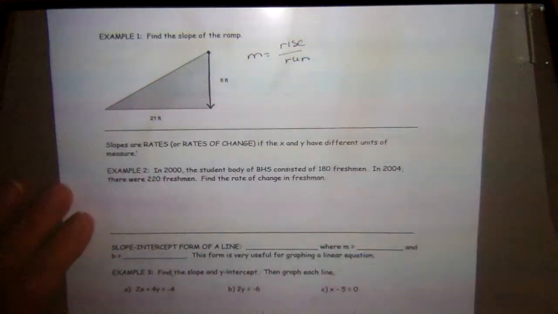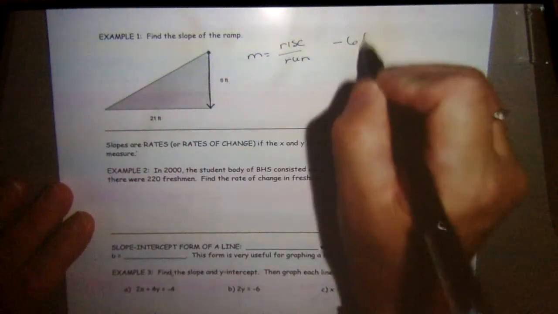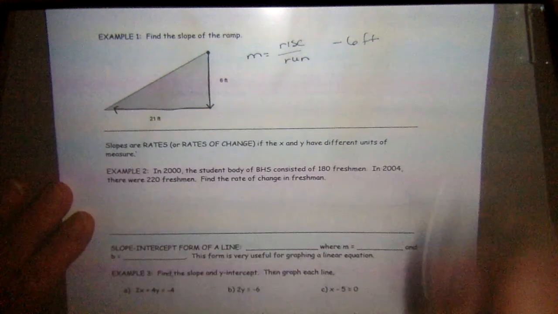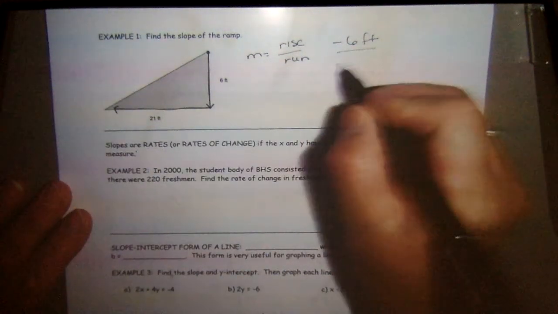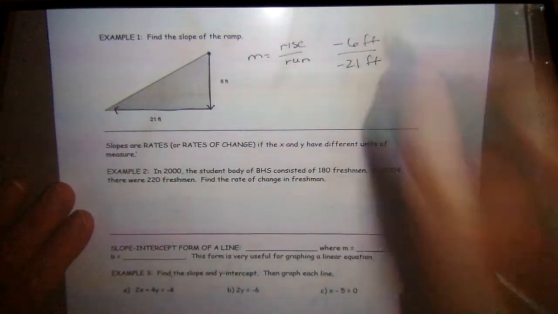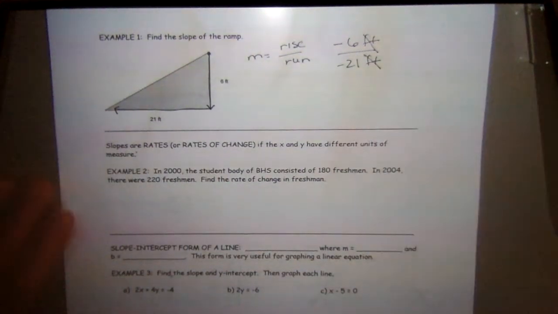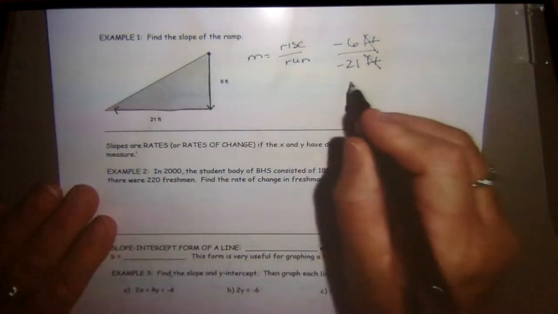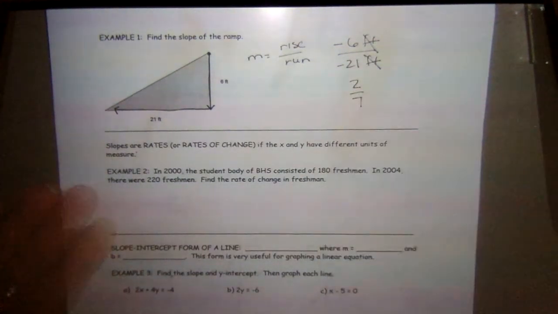So I'm rising how much? That would be negative 6 feet. I'm running how much? Negative 21 feet. The feet cancel. Both are divisible by 3, so that gives us a slope of 2/7. No unit.